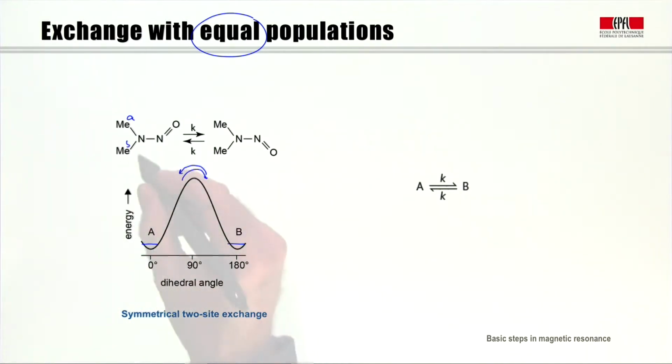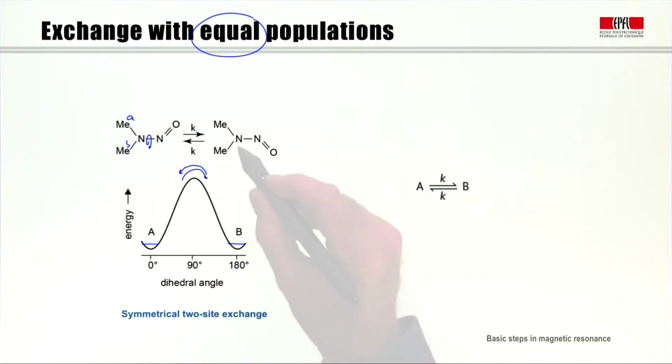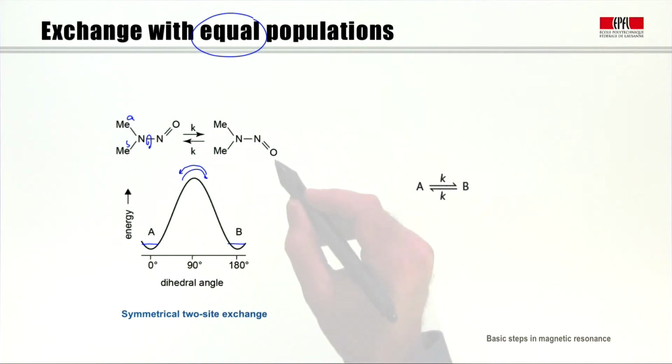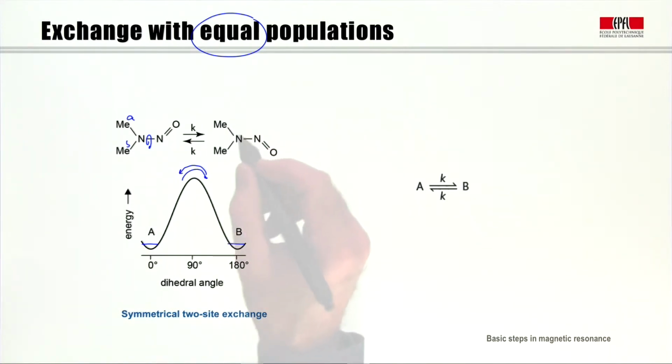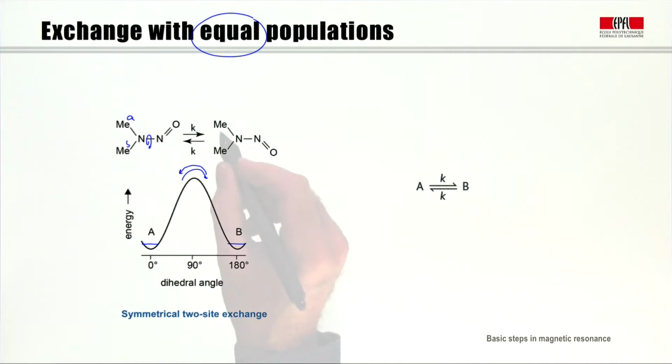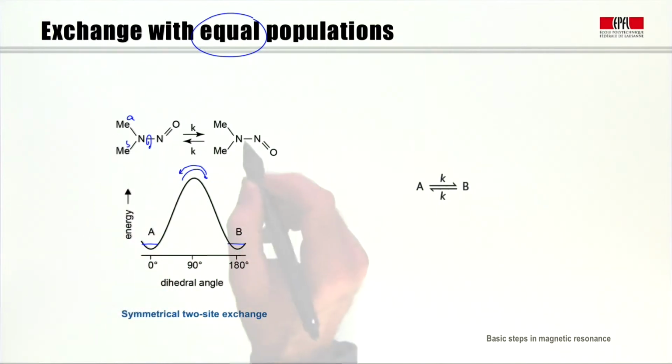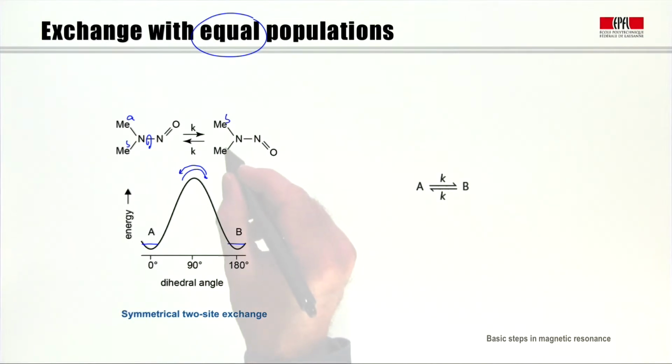And as you can see, when there is a pseudo-rotation around this bond, this single bond, or partly single bond, then the oxygen will swap and go to the other side. And what was here, the methyl that was in the cis position, now ends up in the trans position and therefore can be labeled like this.